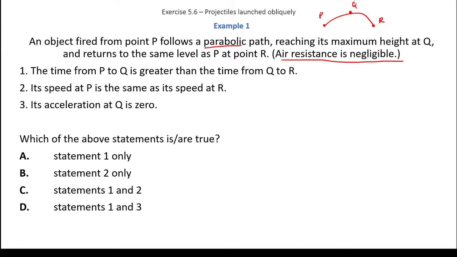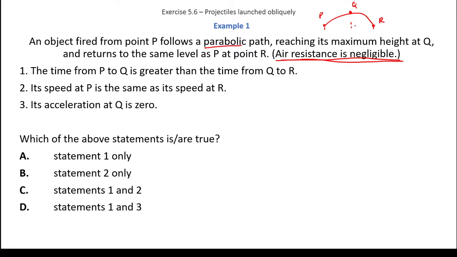The time from P to Q is greater than the time from Q to R. Does it take longer to get up to Q than it does to go from Q back down to R? Well, ignoring air resistance, it's the same distance up as the same distance down, and it's the same distance across.